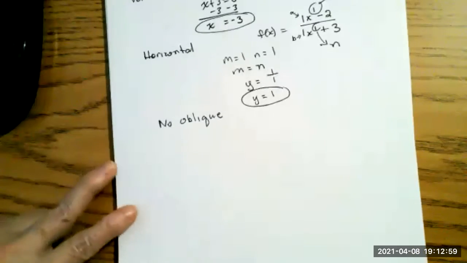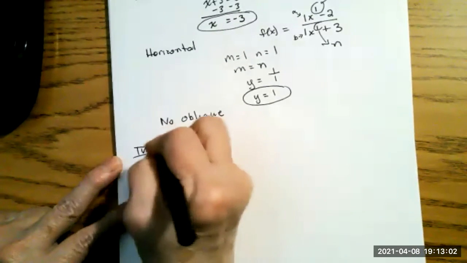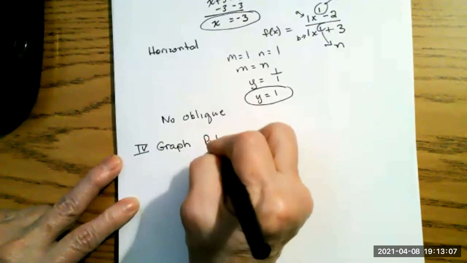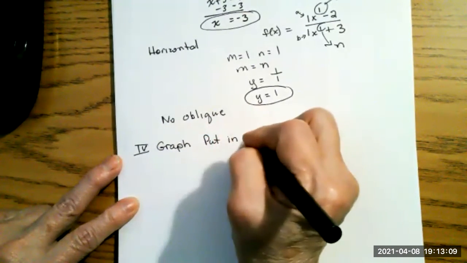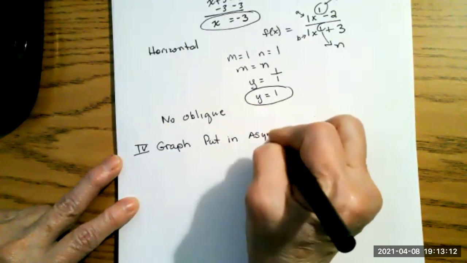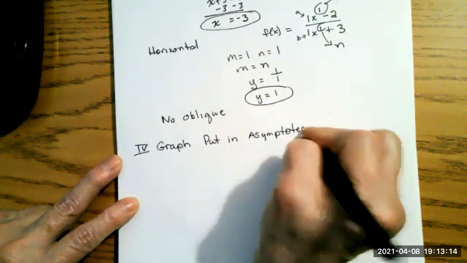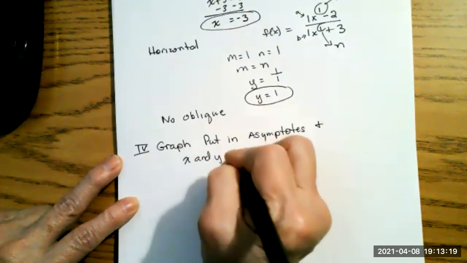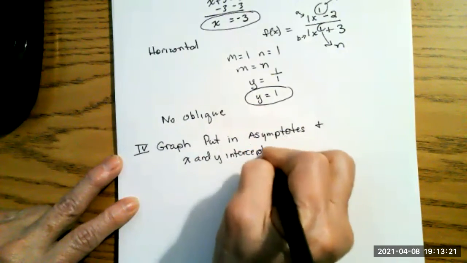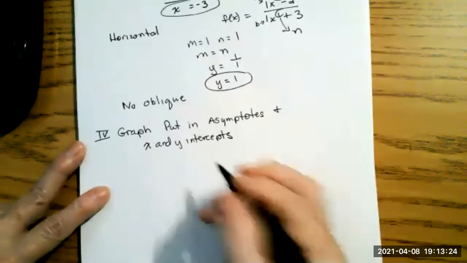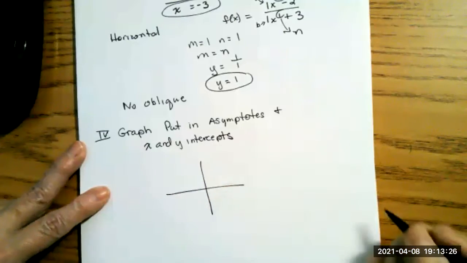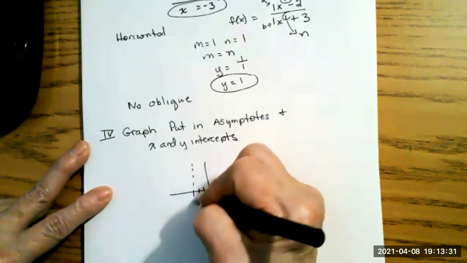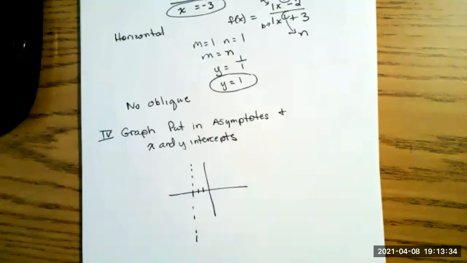Okay, then the next thing you want to do is graph. When you graph, you want to put in the asymptotes and x and y intercepts. So we have a vertical asymptote at -3. I'm going to come over here to -3 and draw a dashed line down at -3.